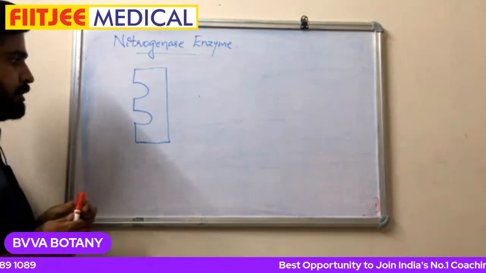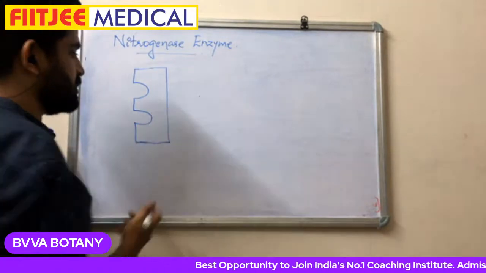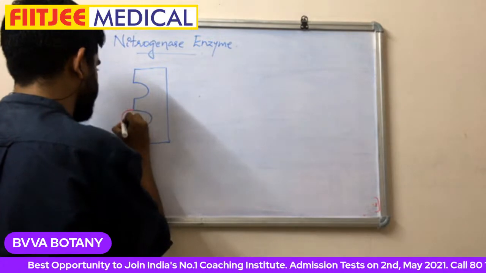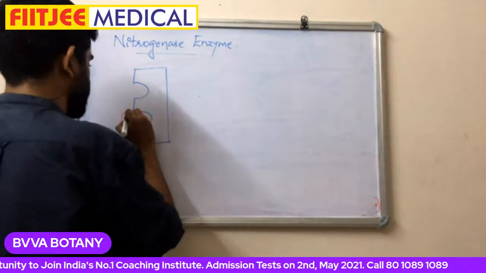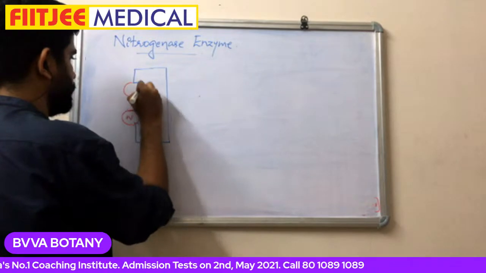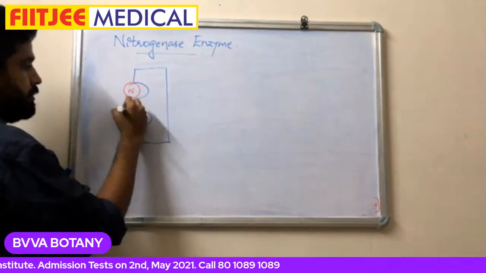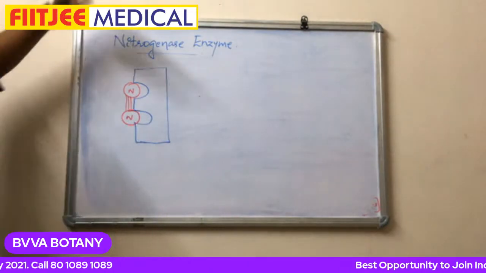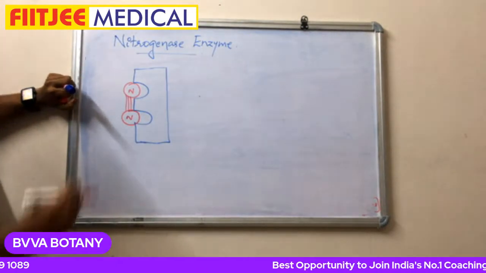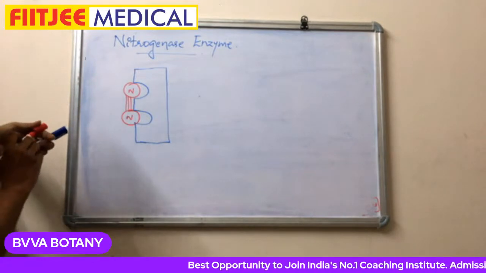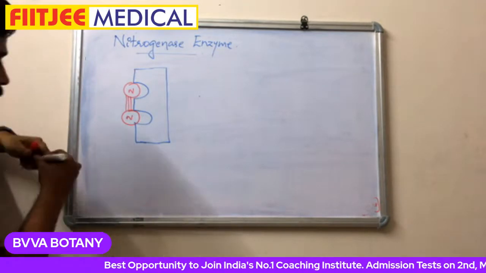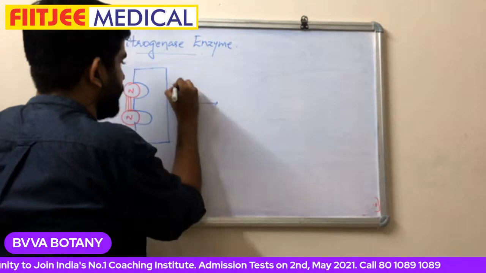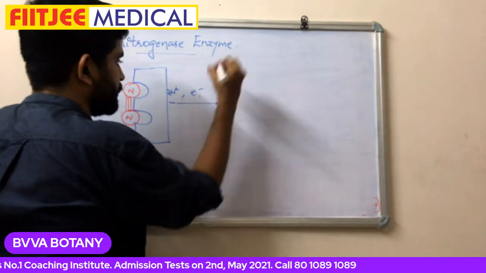So nitrogen, you know, is bound to each other by three bonds. Now, as soon as this nitrogen is attached to the nitrogenase enzyme, what will happen? There will be addition of 2 H plus and 2 electrons.